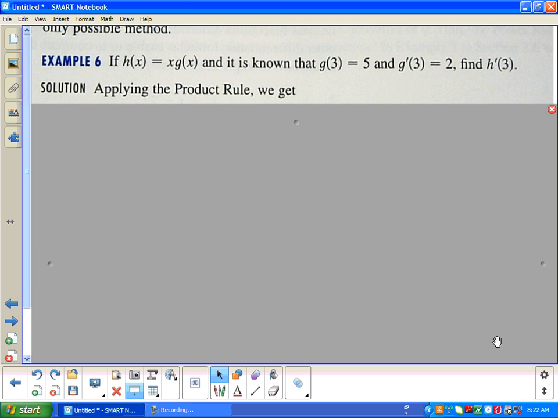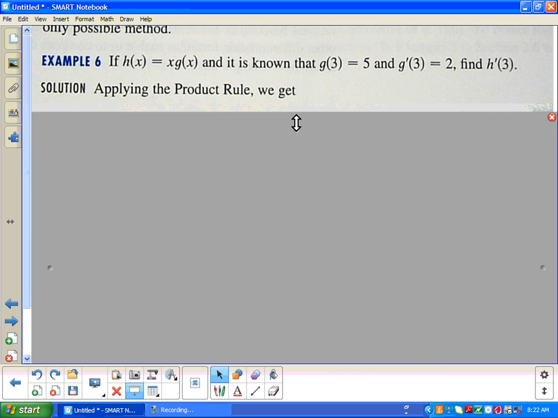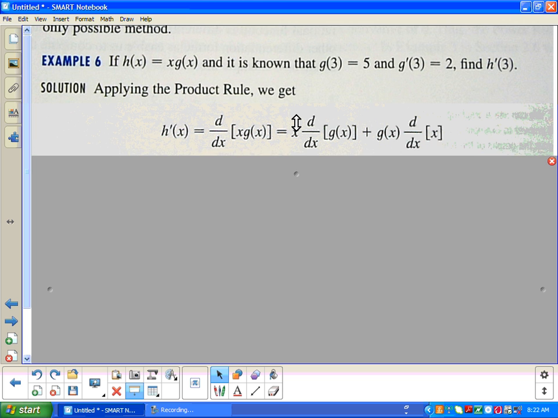This is definitely a case where you need the product rule. Now, a lot of times students get confused when we think of x times g of x. Well, this is the product rule. So if I work down the board, the first thing they do is find h prime, d dx of x times g of x.